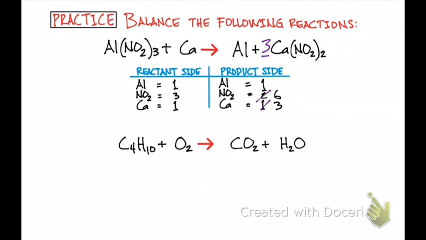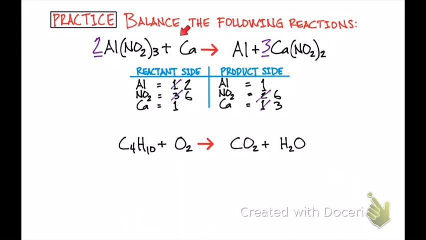Alright, so now we can easily balance out the number of nitrites. We can add a coefficient of 2 here. And that would give us 2 aluminums and 6 nitrites.